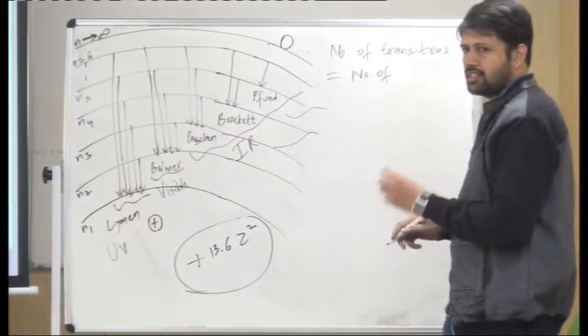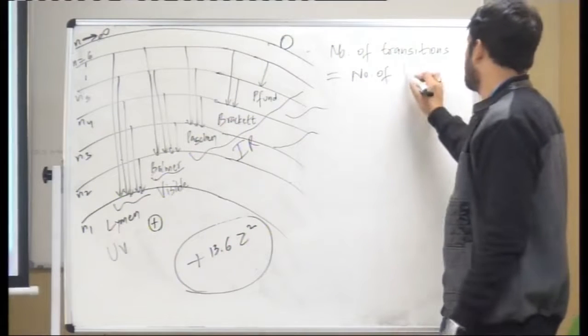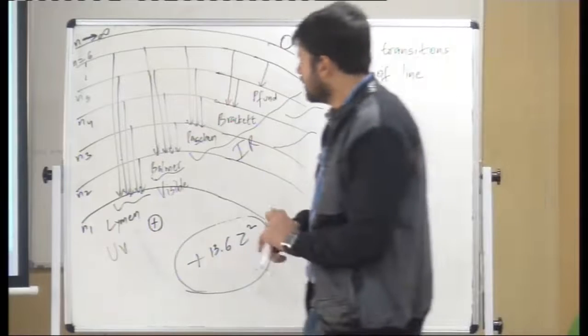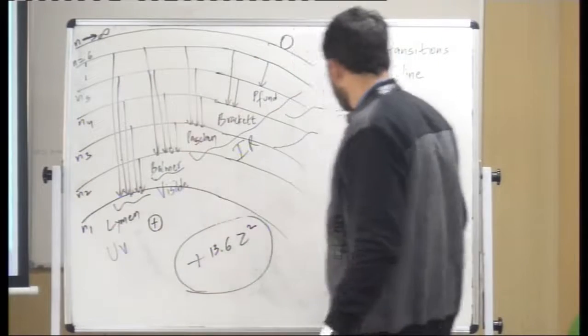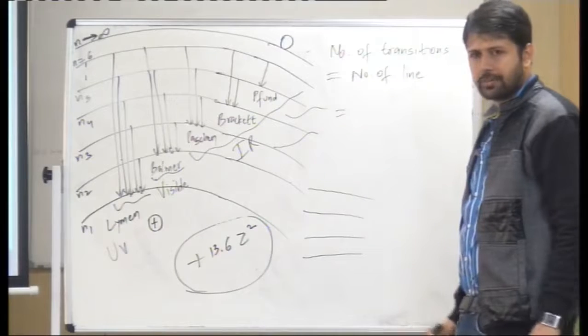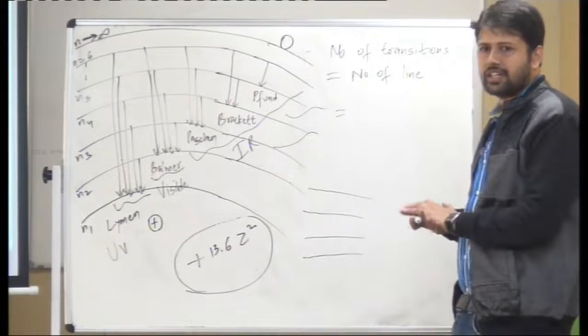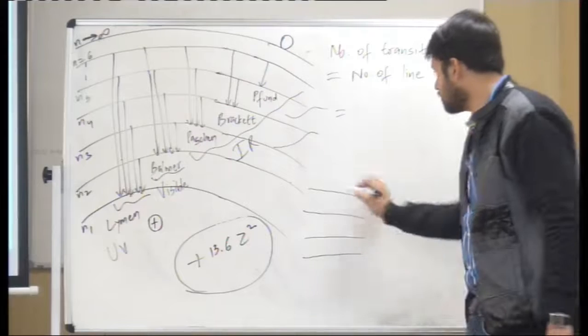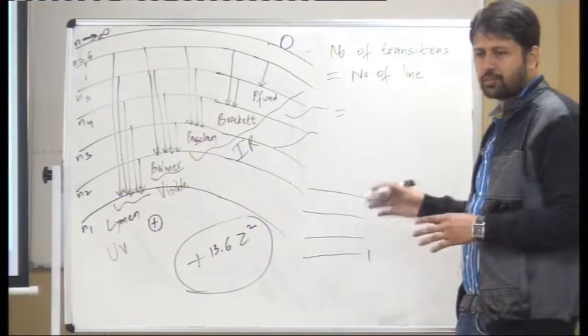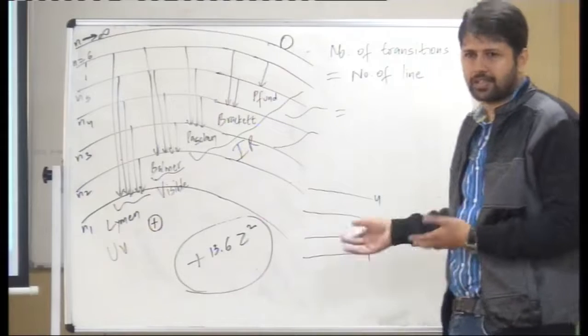For every transition there would be one line. So let's try to understand. Here, let's say I'll show 4 orbits. Let's understand how many possible transitions there would be from 4 to 1. We would find a formula, but first based on our experience here.